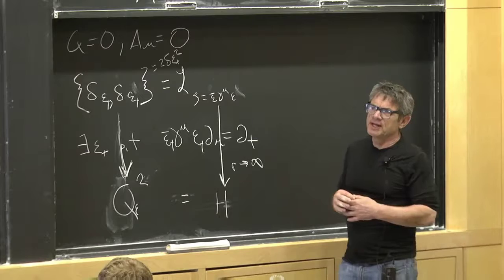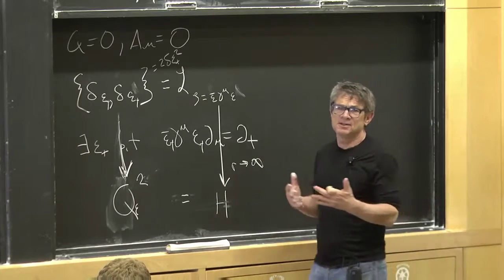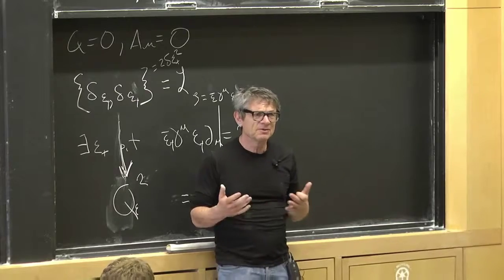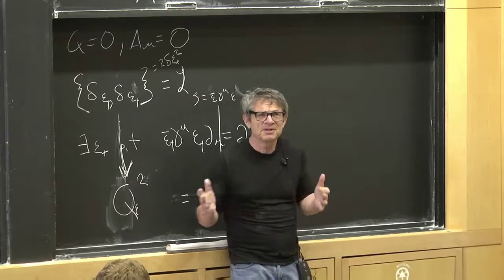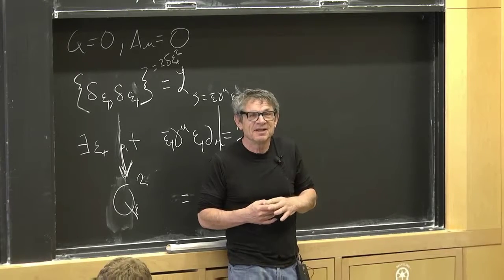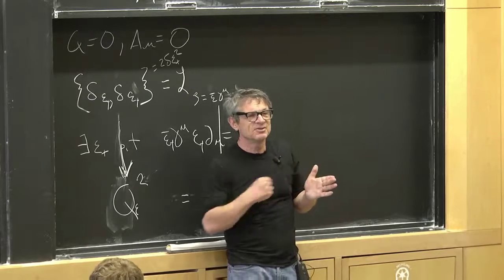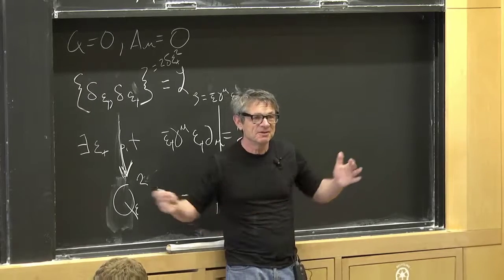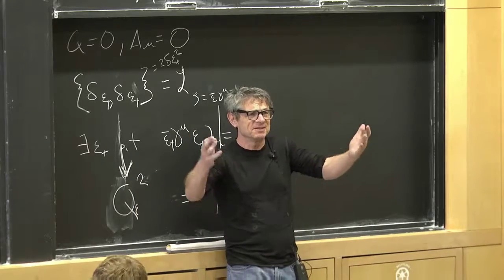That was a conjecture made by Arnowitt, Deser, and Misner in the 50s, or even earlier. It was probably clear already in the 20s that there had better be some way to define energy in general relativity in the far field limit, and it had better always be positive.